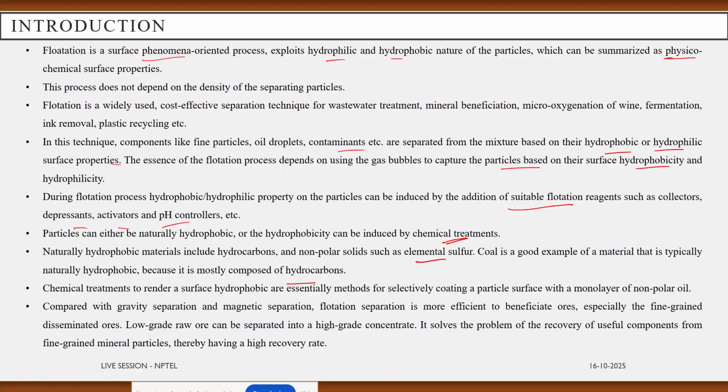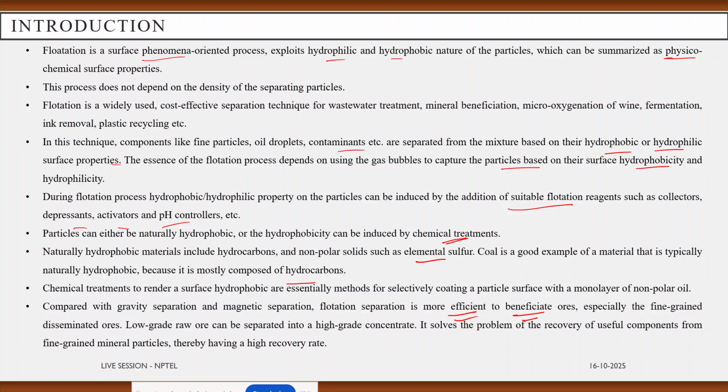Compared to the other gravimetric processes like gravity separation or magnetic separation, flotation process is very effective and efficient to beneficiate different kinds of ores, especially when fine-grained disseminated ores are there. From there, your valuable mineral should be extracted from the gangue by using the froth flotation process.